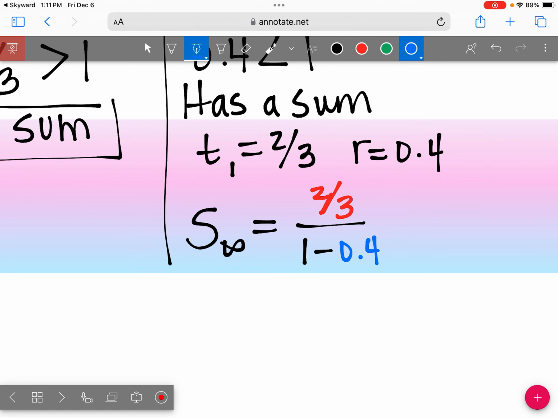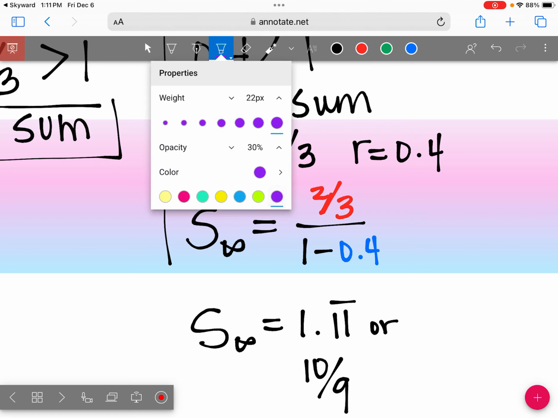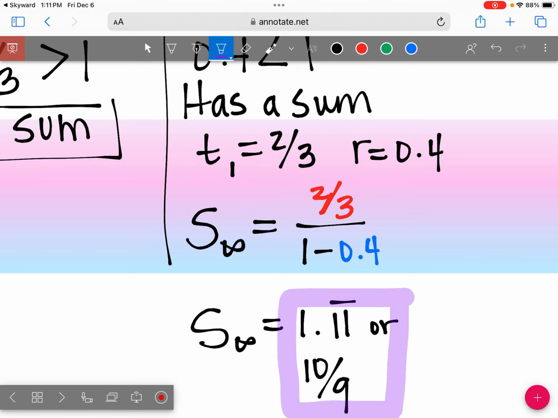Go ahead, type that in your calculator just like that. You can write that as a fraction or as a decimal.